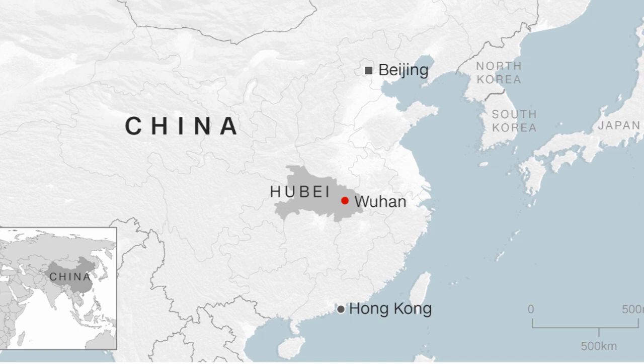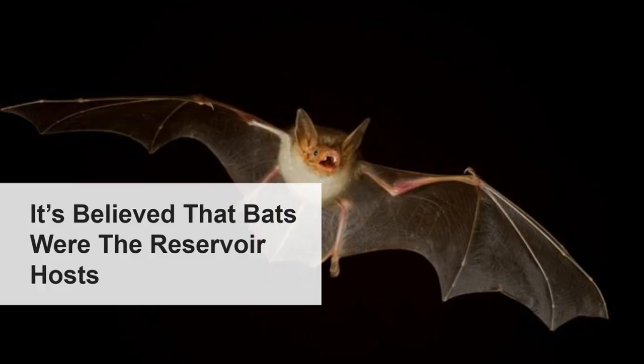As of right now, bats are thought to be the likely reservoir hosts for COVID-19, which pretty much means where the virus naturally lives and reproduces. And other than that, we aren't exactly sure of what hosts transmitted it to humans.